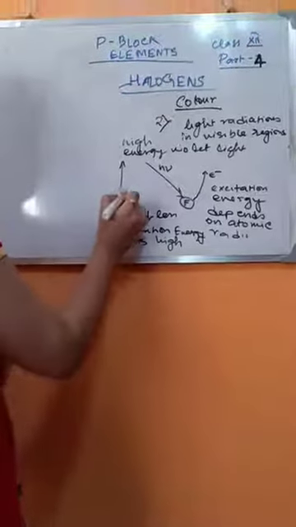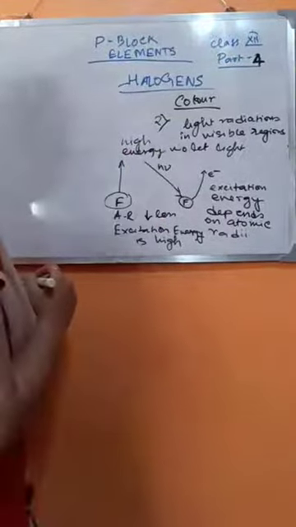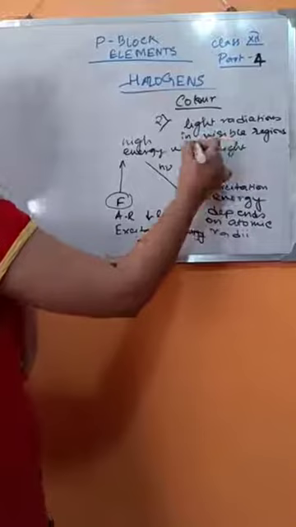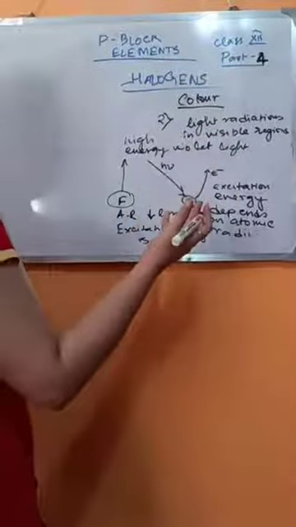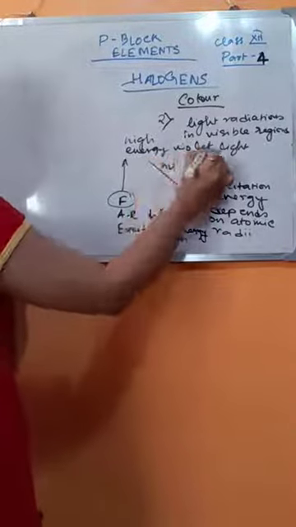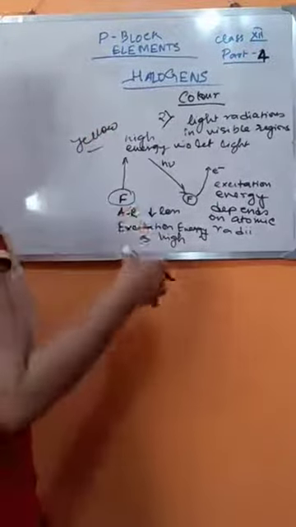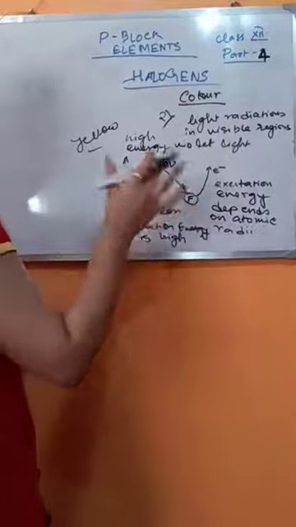So fluorine will absorb high energy violet light. And as it absorbs the high energy violet light, it will transmit its complementary color. The complementary color of violet is yellow. And since it has transmitted the yellow color, the color of fluorine is yellow.